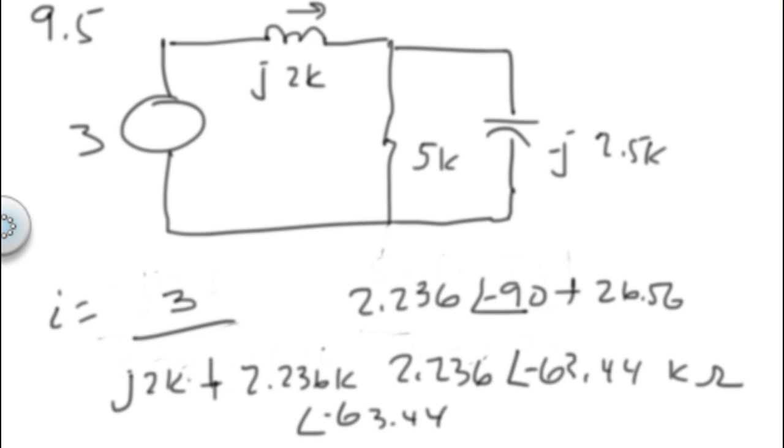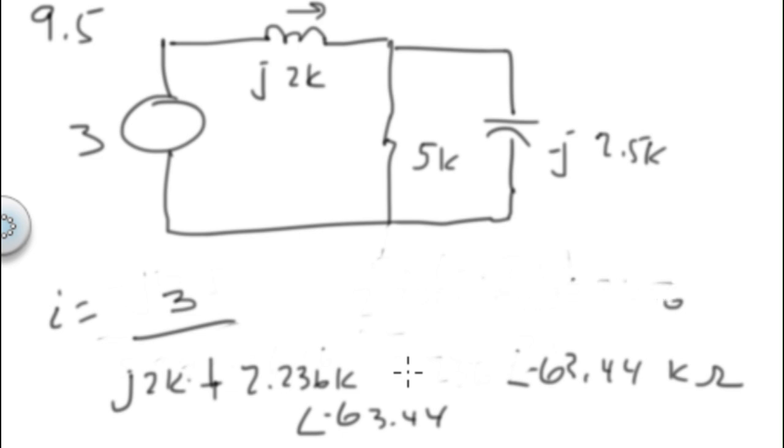So let's do that. I have to convert the 2.236 to rectangular and add them. 2.236 P to R, 63.44 with a minus sign in front of it, equals, okay, so the conversion process gives me something wrong.